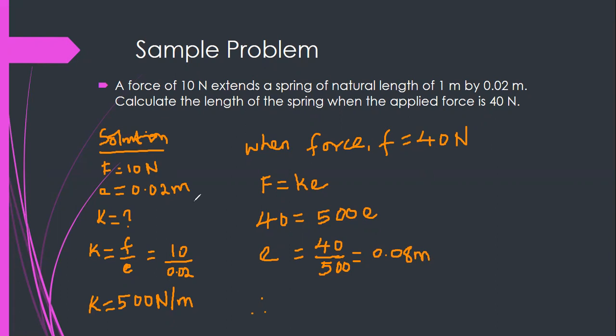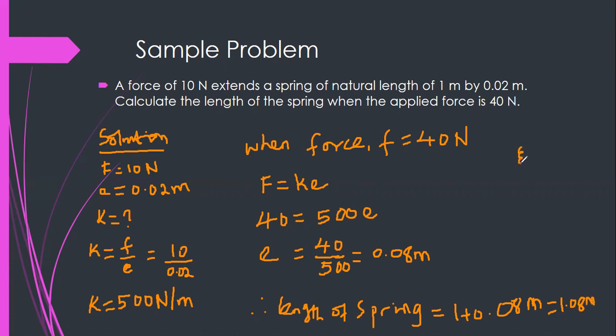Therefore, we can say that the length of the spring now, the total length of the spring, is 1 plus, that is the original length plus the extension E, which is 0.08 meters, and then we should have 1.08 meter. So this is the total length.